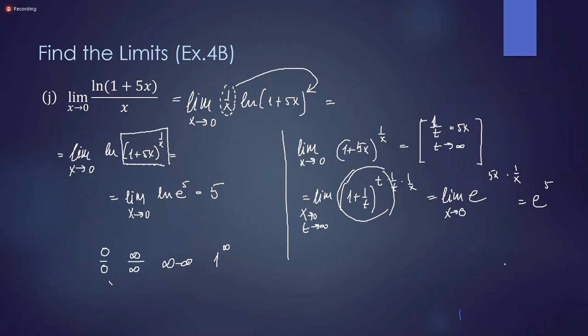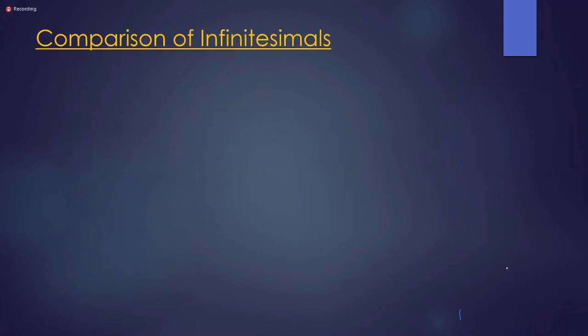So, comparison of infinitesimals. Please remember, an infinitesimal is a function that becomes infinitely small in the process when the x value tends to something. It might tend to whatever value, or to infinity, or to 0.